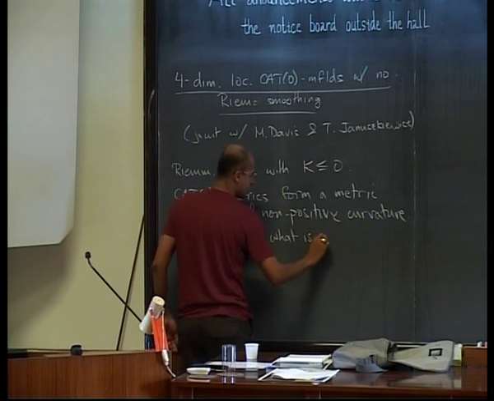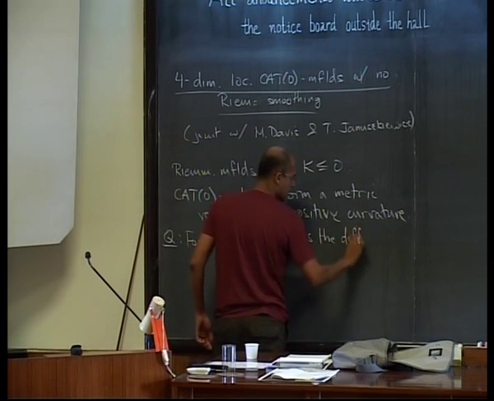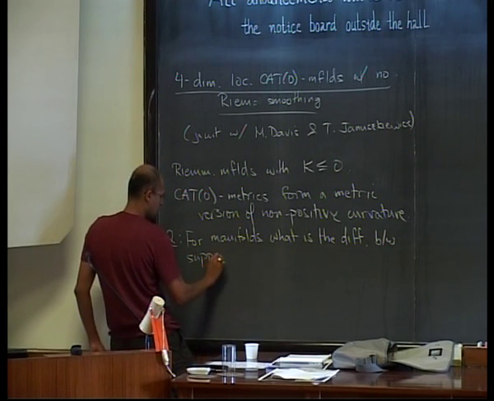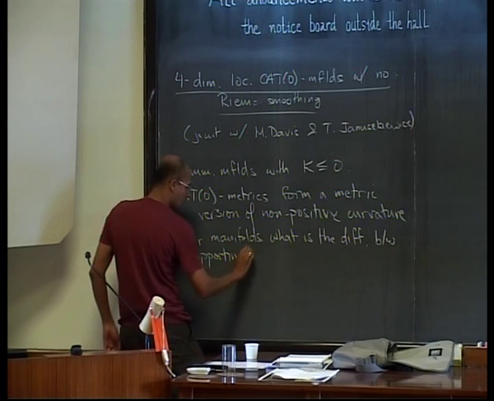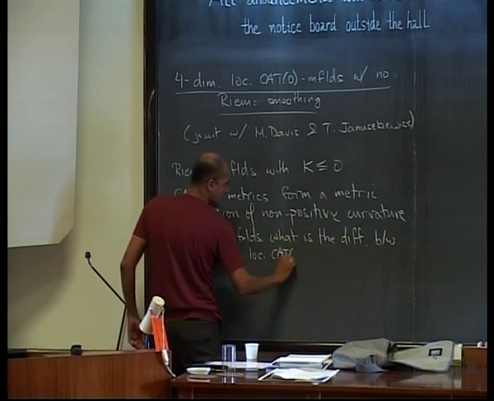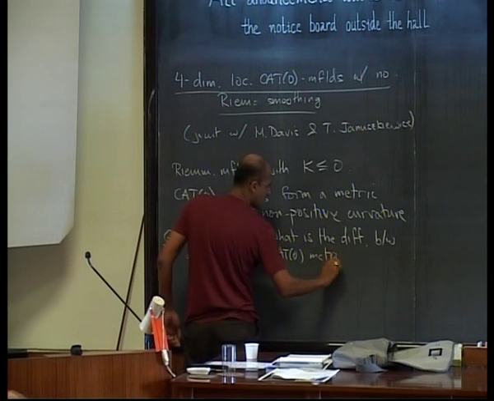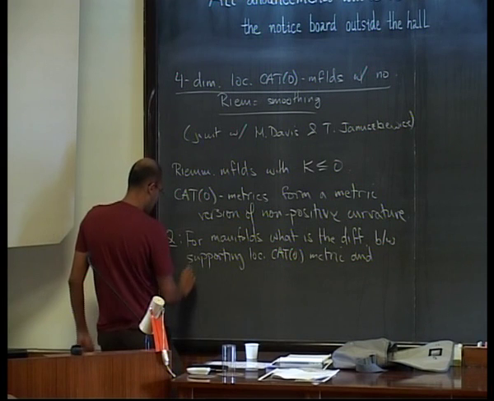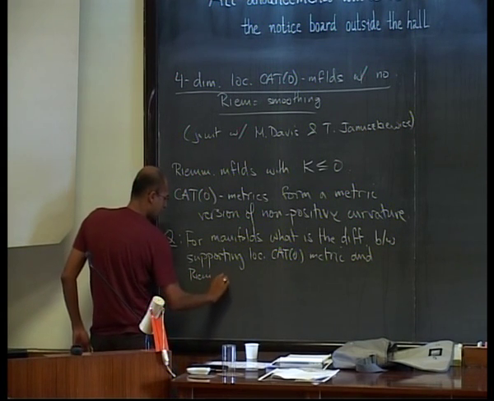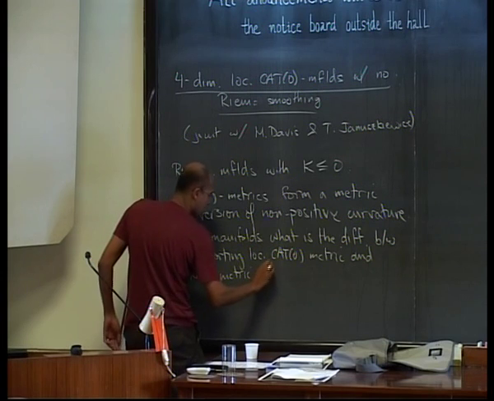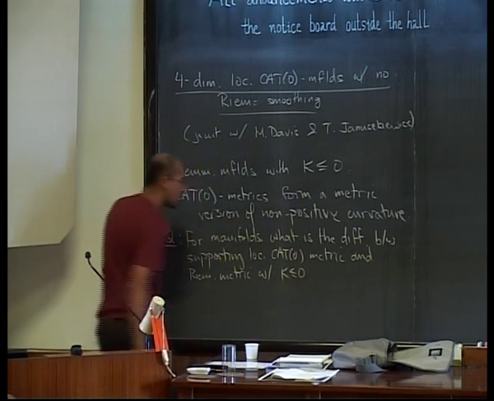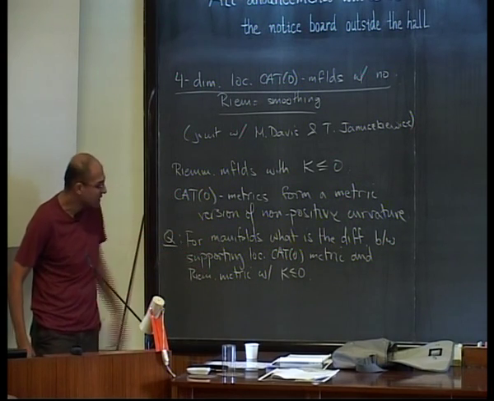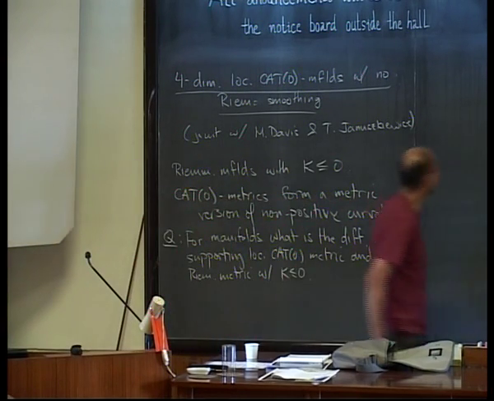What is the difference between supporting a locally cat-zero metric and supporting a Riemannian metric with non-positive curvature? Obviously, if you've got a Riemannian metric with non-positive curvature, you get a locally cat-zero metric. So the question is really about the converse.